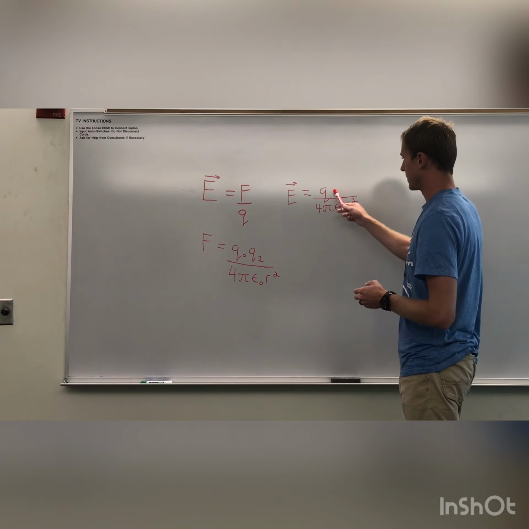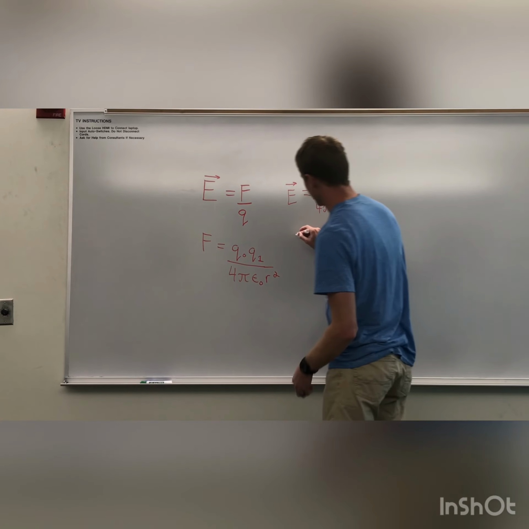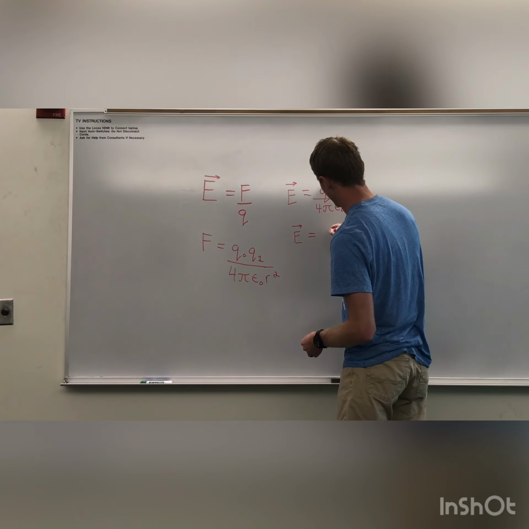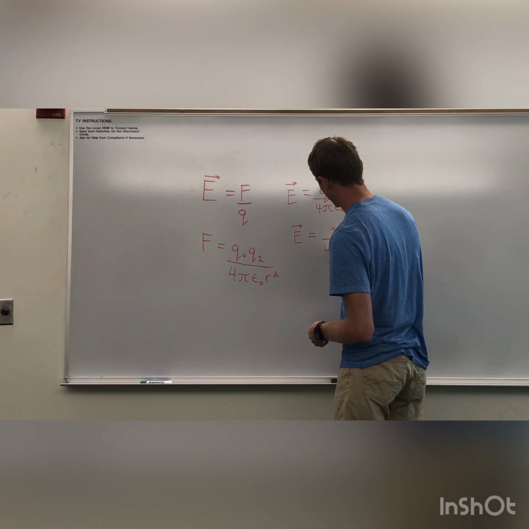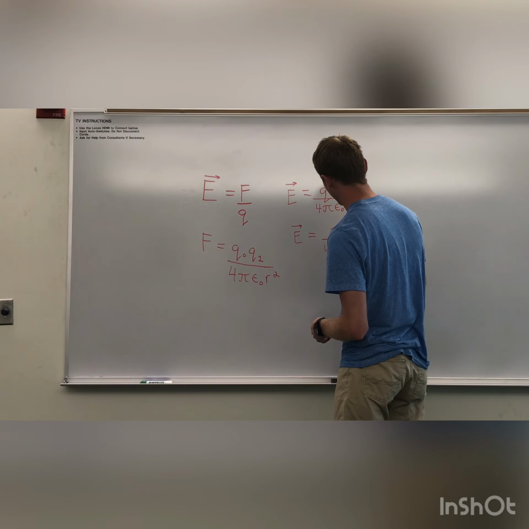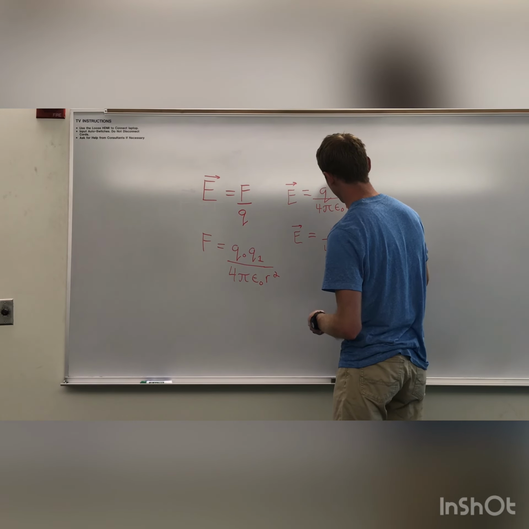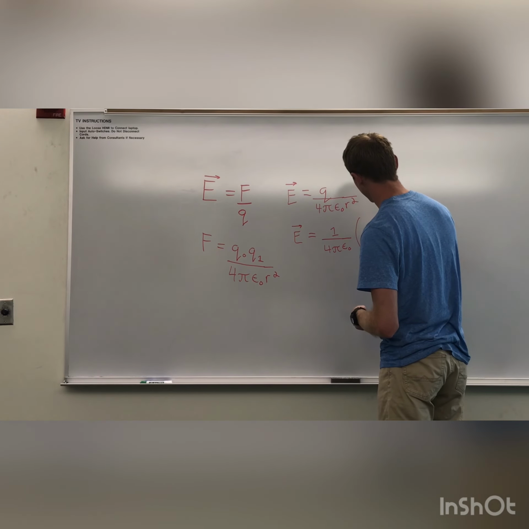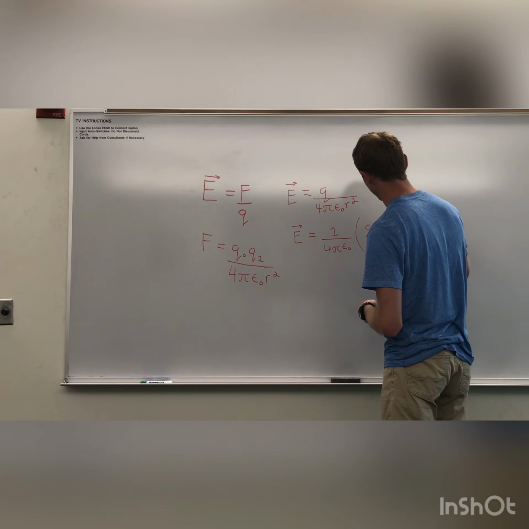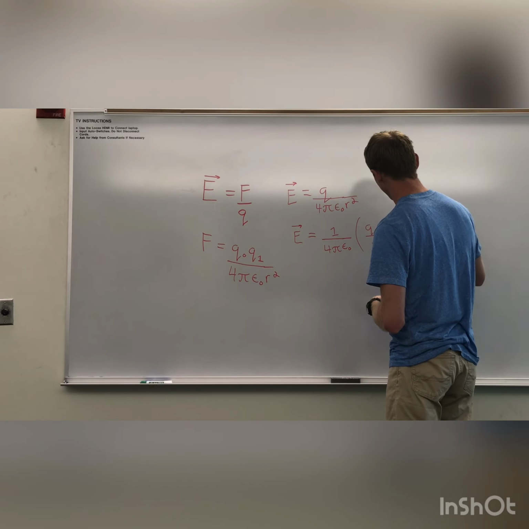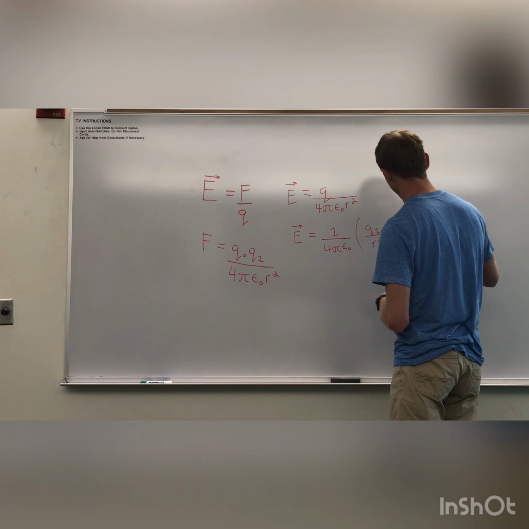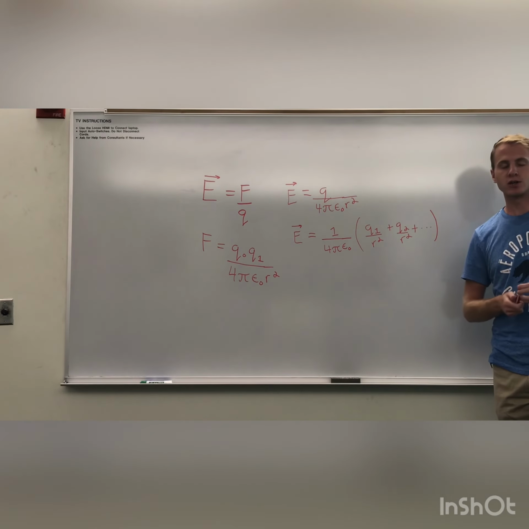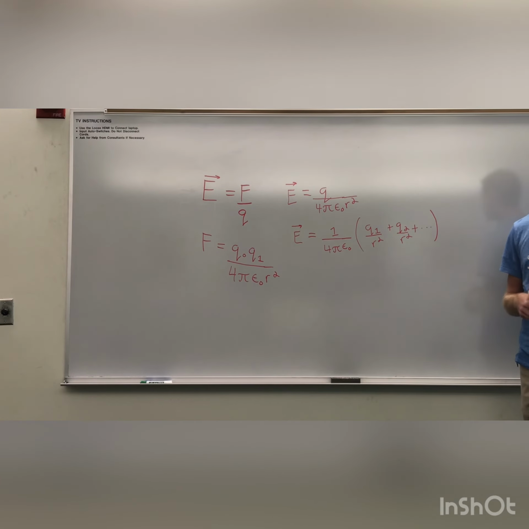So you can sum all the charges together, giving you an expression for different configurations of charges. 4 pi epsilon naught, your constant out front, divided by Q1 r squared plus Q2 r squared plus dot dot dot. So that would be a different configuration of charges when you have multiple charges together.